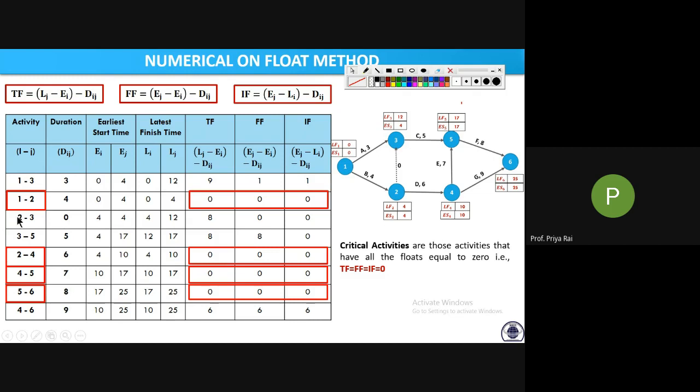If all the floats of a particular activity are zero, then that activity is a critical activity. So these four activities are the critical activities, and the path which consists of all these activities is the critical path. Like this you can solve this type of numericals.